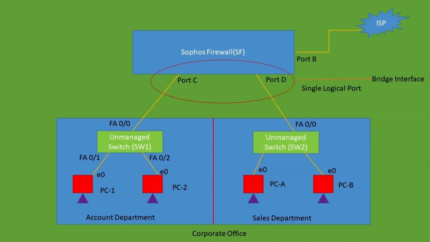Here we have to connect two different physical ports, which are ports C and D, into a single logical port. That is nothing but the bridge interface. Here, logical ports mean imaginary ports, which are created by using Sophos firewall mechanism.